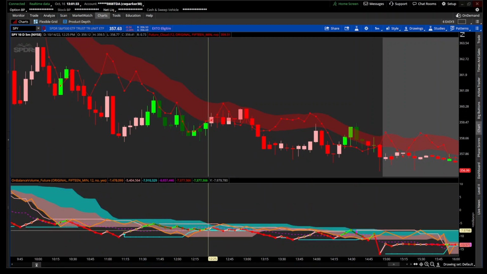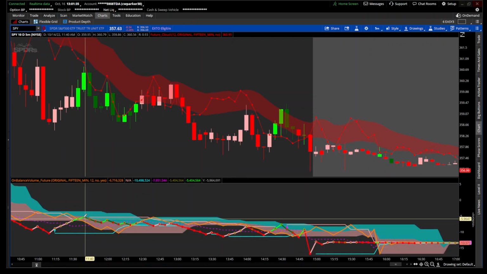And when unbalanced volume is in this cloud and in this pink area, I would really look at it as not being a good buy signal. But if it's in the blue area, unbalanced volume crosses above this, in this cyan area, and it's breaking up above this pink line, I would consider that a good buy signal.